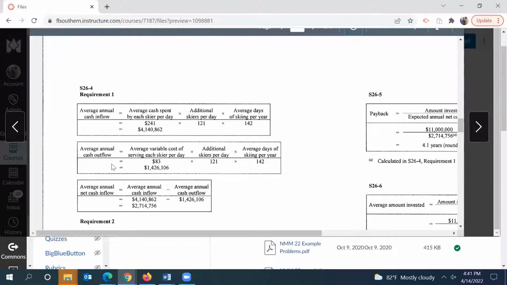Then, to make money, we have to spend money. So the average annual cash outflow. Well, what will change with each skier per day is we will incur $83 more, the variable cost. So let's take that 83. Multiply by the additional skiers per day of 121.